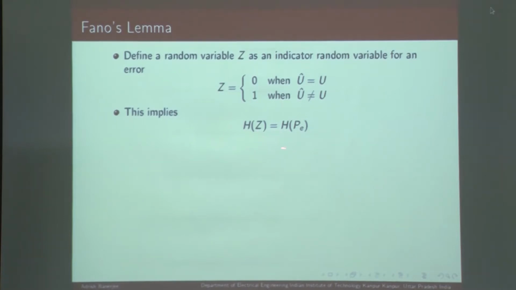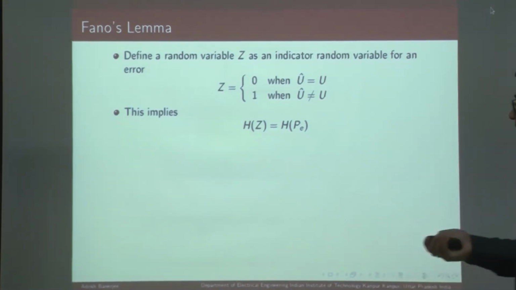Now, uncertainty in Z can be written as the binary entropy function of P of E. How do we get this? Z takes two values, 0 and 1, right. What is the probability of 0? 1 minus P. And what is the probability of 1?